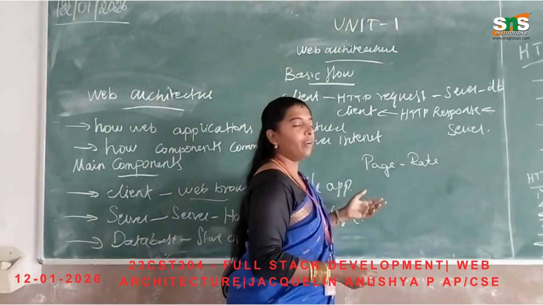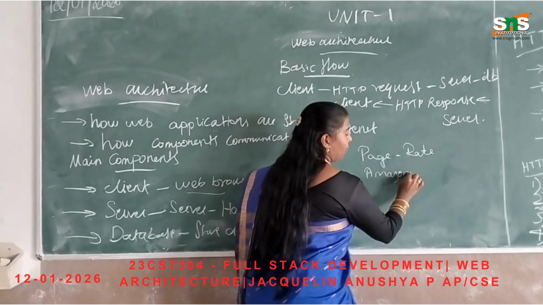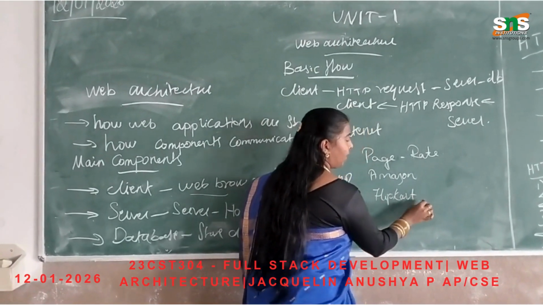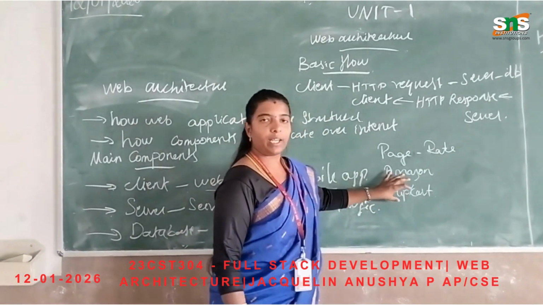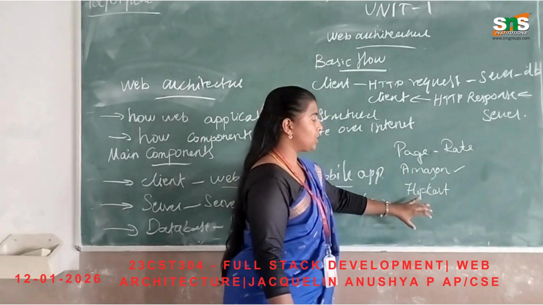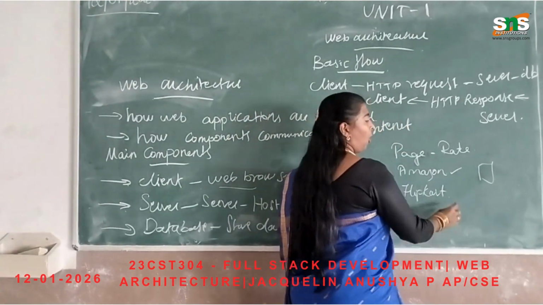After that, it shows which platforms are available. It may be Amazon, it may be Flipkart, it may be any kind of platform. We pick any one platform, see the features below, and I just order it.